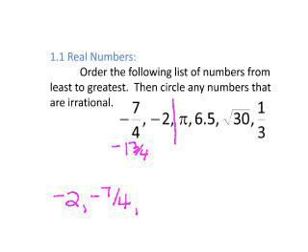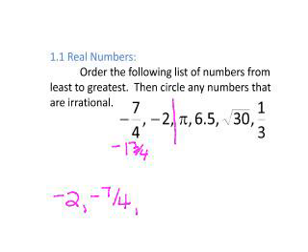If I look at the different numbers, pi is 3.14, then I have 6.5. Square root of 30, well, even without a calculator, I know that the square root of 25 is 5 and the square root of 36 is 6, and that's in between, so it's going to be 5 point something. Then I have 1/3, which is less than 1 whole.